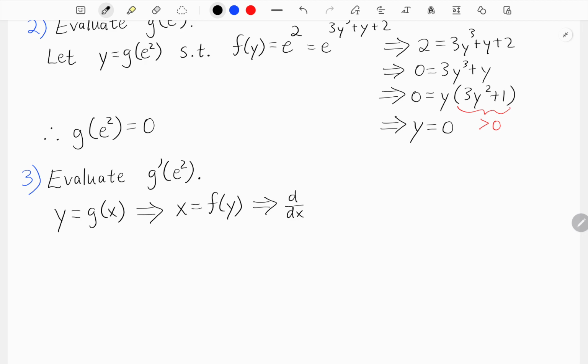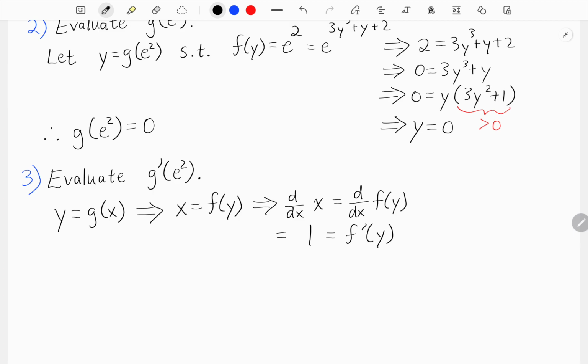We have d dx of x is equal to d dx of f of y, which implies that, okay, so what is d dx of x? d dx of x is equal to 1, and then d dx of f of y is f prime of y.